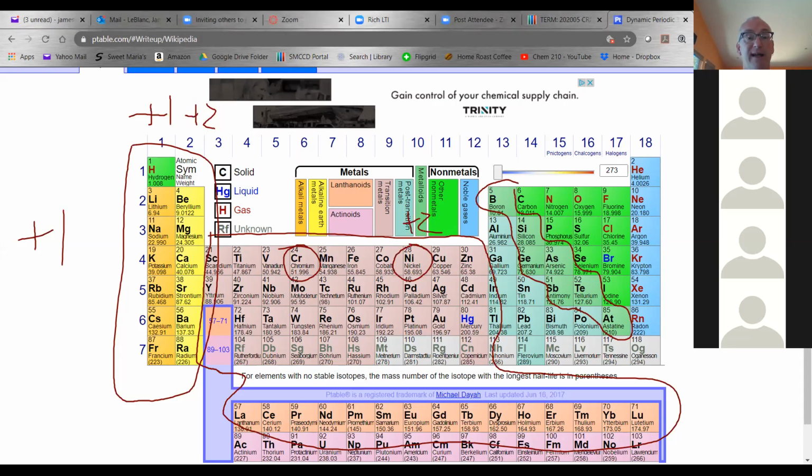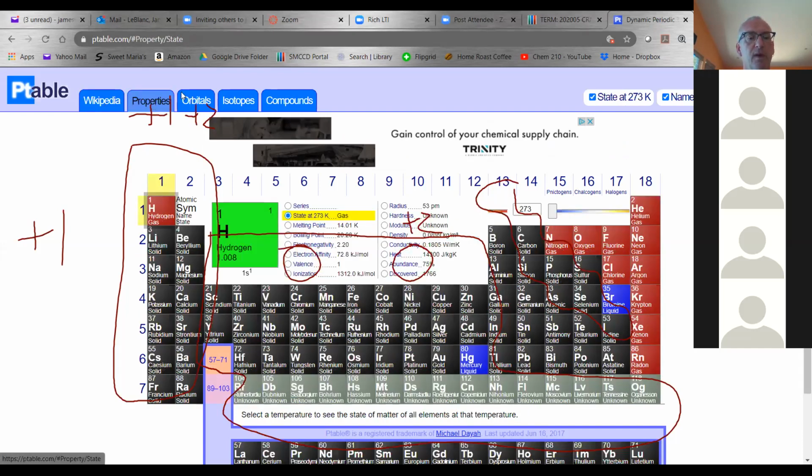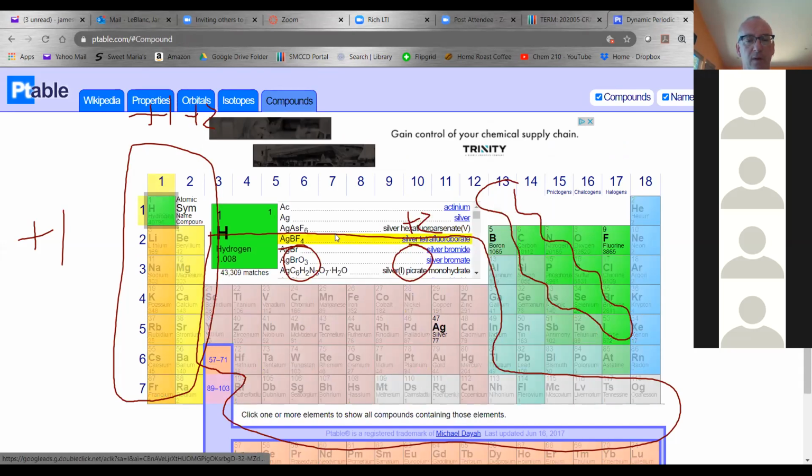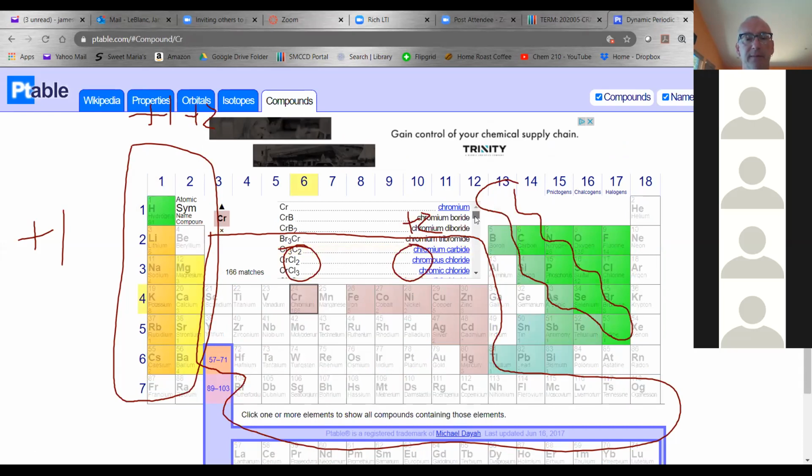That's why I like ptable.com, because I click on properties or compounds, chromium, and it shows all the different things it can make. So it can have a charge of 1 or 2 or 3 or 4 or 6. It can be a lot of different charges. And so a transition metal means that it's not always the same charge.